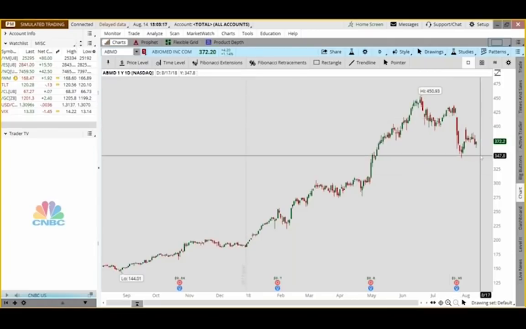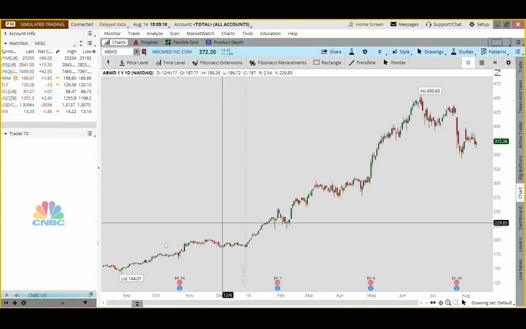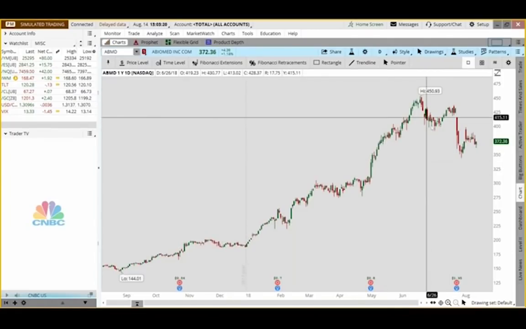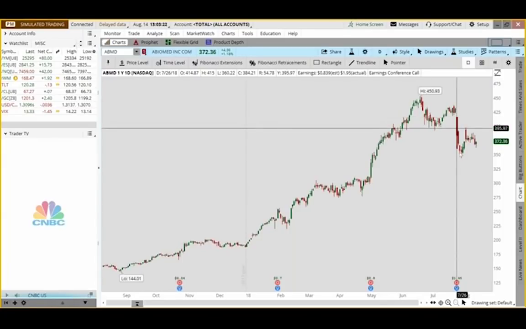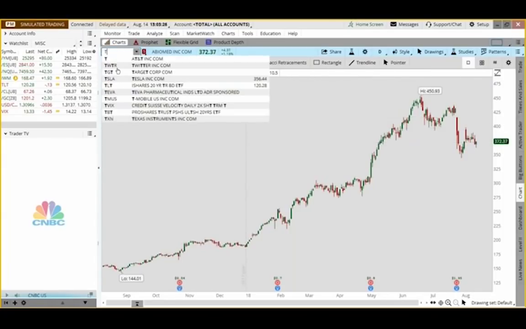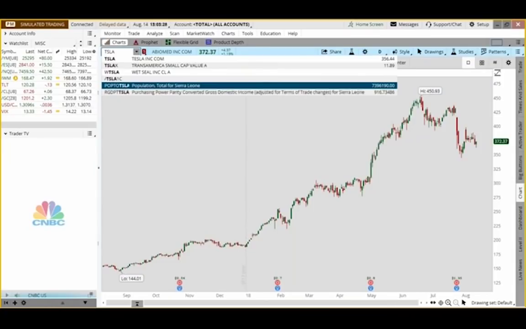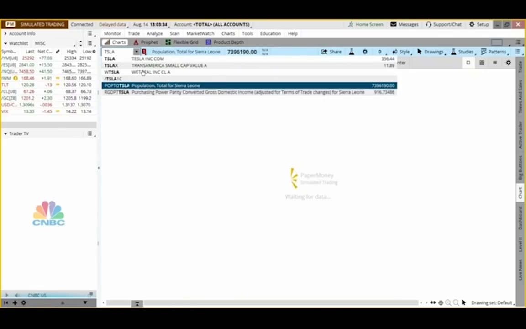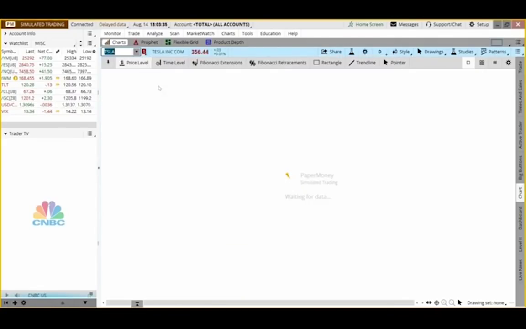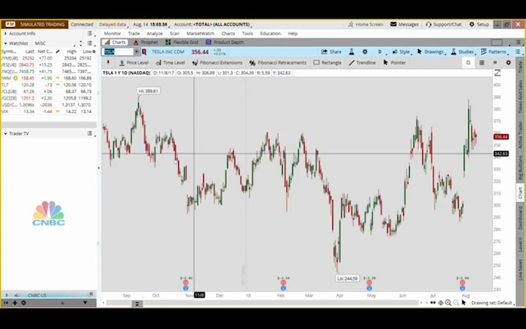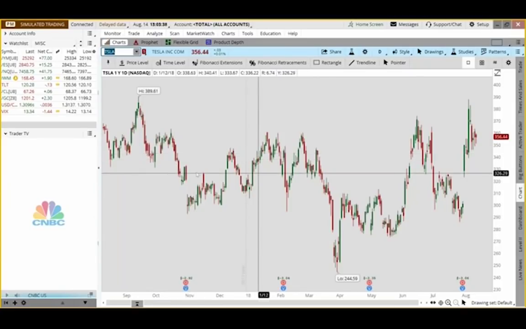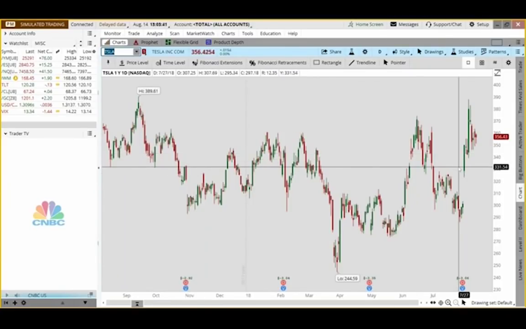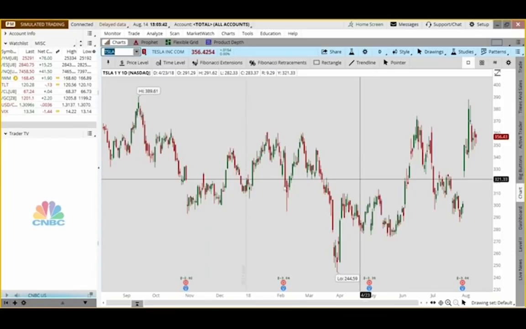But either way, it's very predictable, very orderly behavior for this stock, as opposed to, say, something like Tesla. If you look at Tesla here, it's all over the place. There's really no clear direction. So which one is easier to trade?